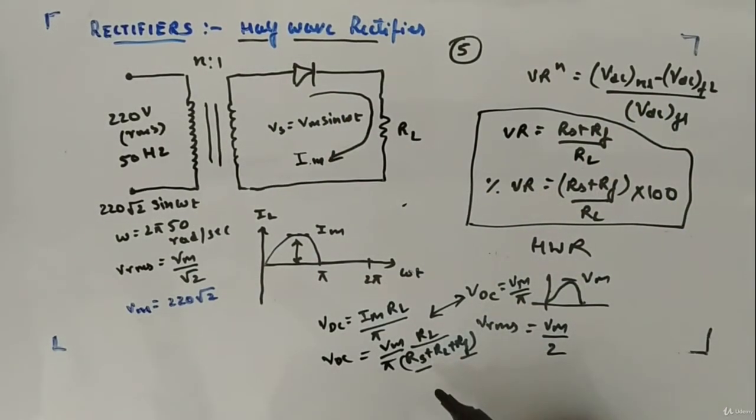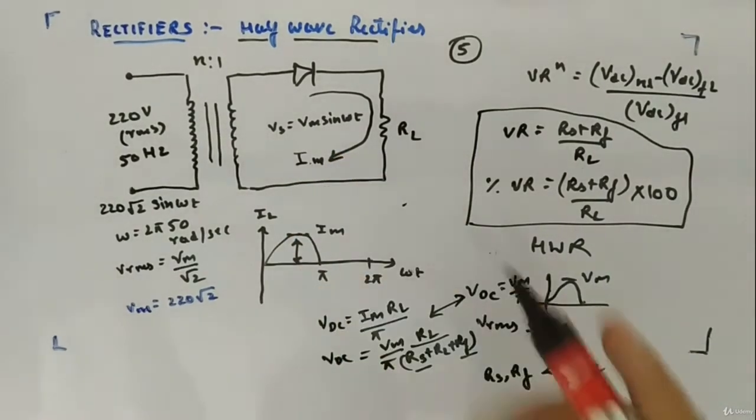So always remember, when we are ignoring the values of RS and RF, sometimes they are very small compared to RL, and then we usually ignore them. But if the question gives the values of RS and RF, then you should use them.